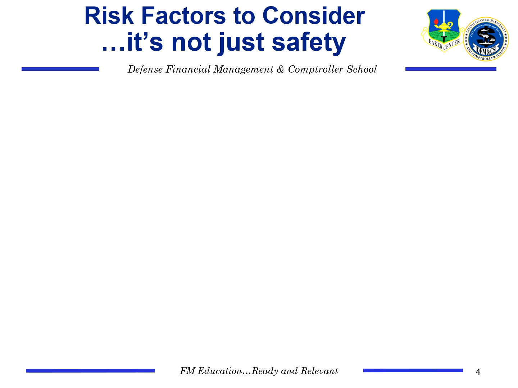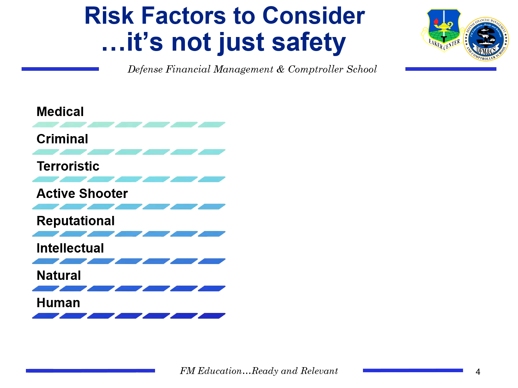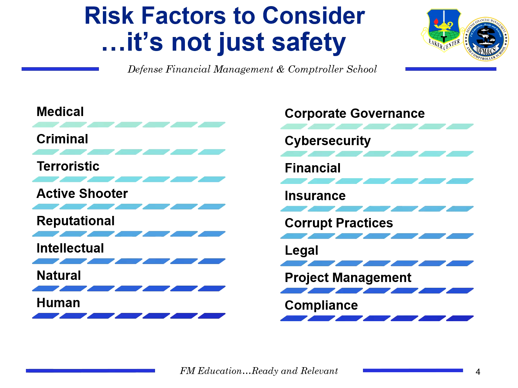First off, it's not just about safety. We have medical, criminal, terroristic, active shooter, reputational, intellectual, natural, human, corporate governance, cybersecurity, financial, insurance, corrupt practices, legal, project management, and compliance.